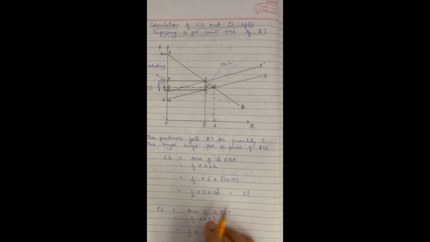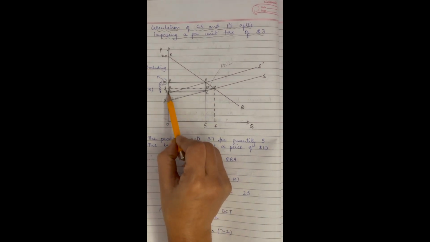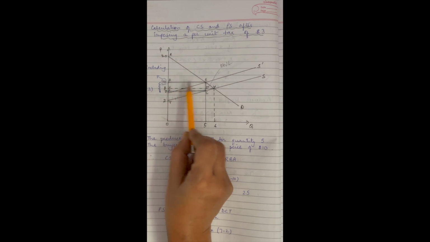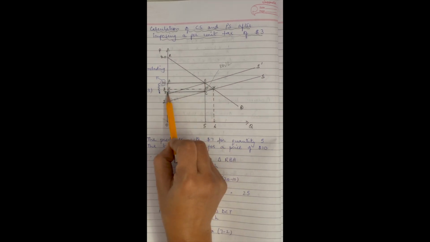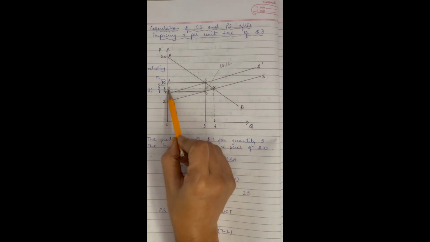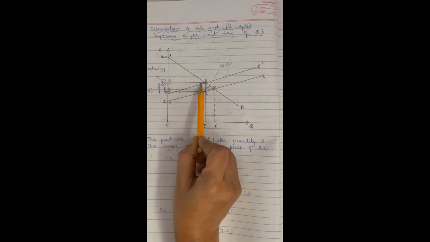So I'll just show you how that is equal to. Okay. So my total tax going to the government was this ABCD rectangle, right? Now, just look at this. Earlier, the equilibrium price was 8, okay? Now, the price that the consumer pays is 10.